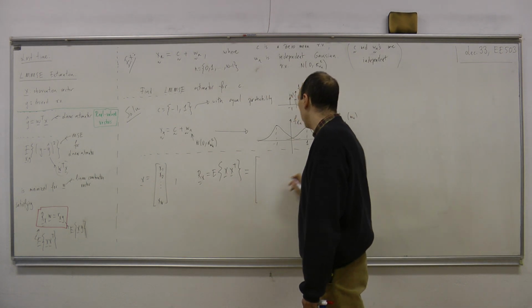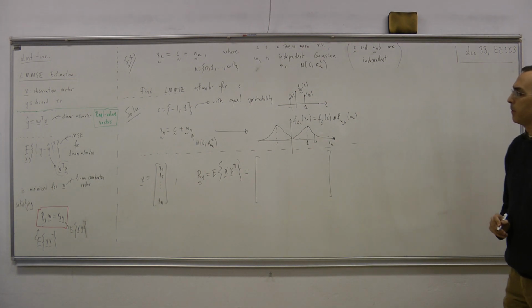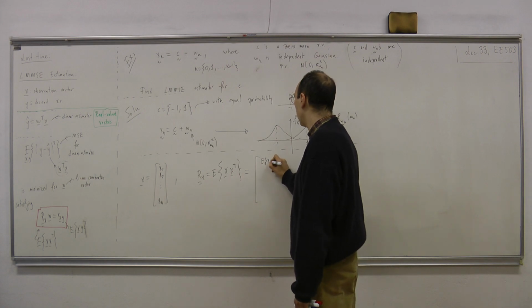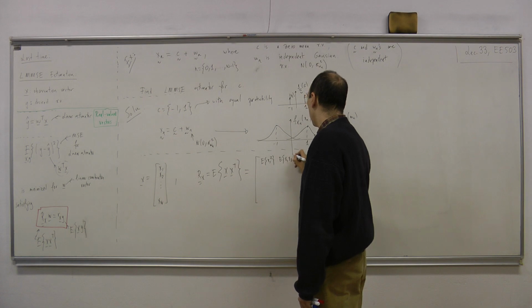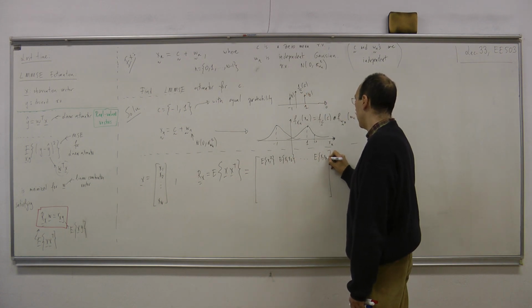Well, how can I calculate that? Rx matrix over here. So you may say this is the expected value of x1 square, expected value of x1 x2, expected value of x1 xn.